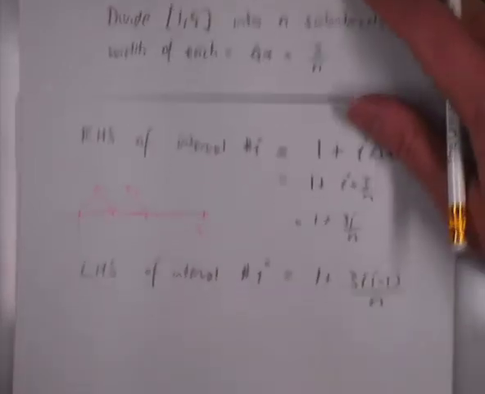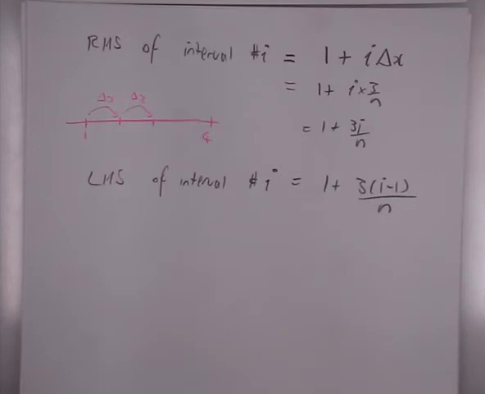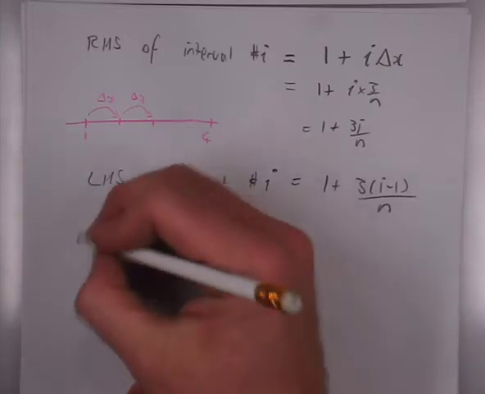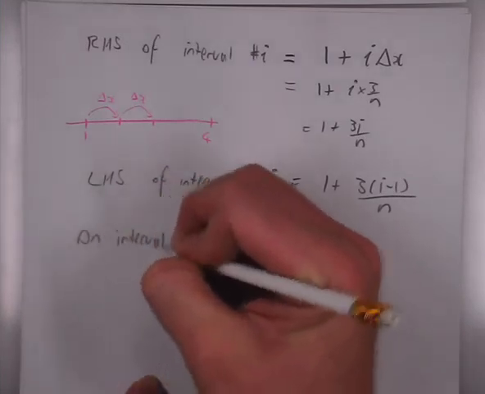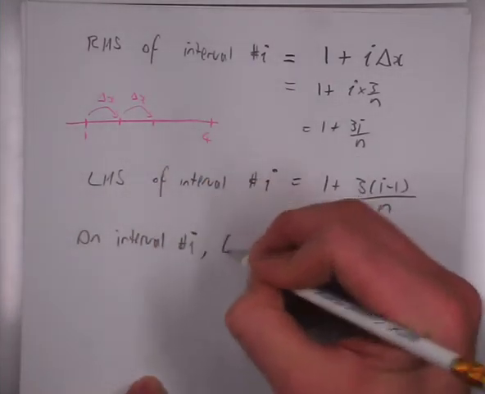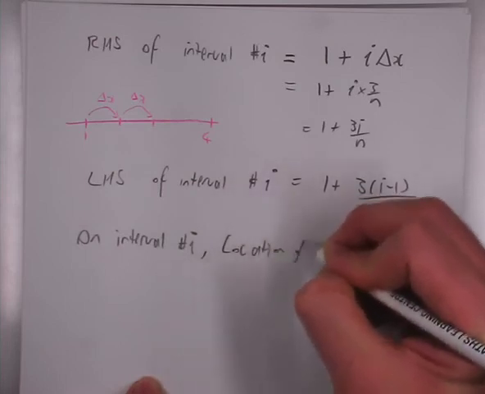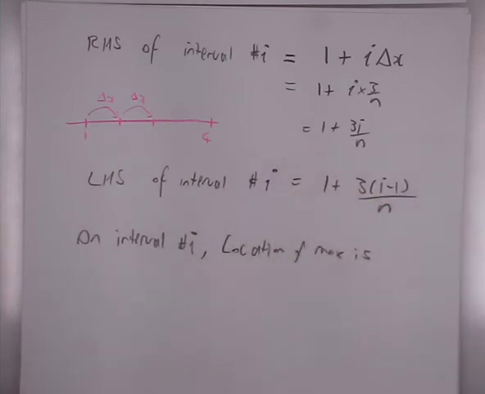Awesome, done that well. We've now found the ends of our intervals, and the next part is to figure out the location of the maximum and the minimum. In my old table, doing it with knowing what n is, I had a table of where the maximum was, and then what the maximum was. So I need to know on every interval the location of the maximum. On interval number i, the location of the maximum is, well, now I need to think about my function.